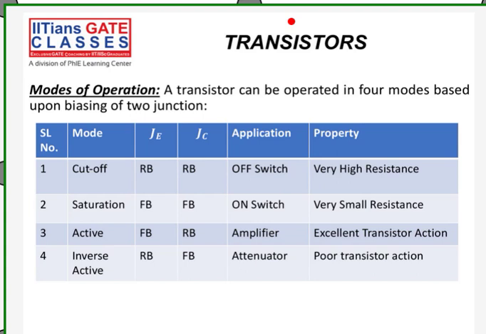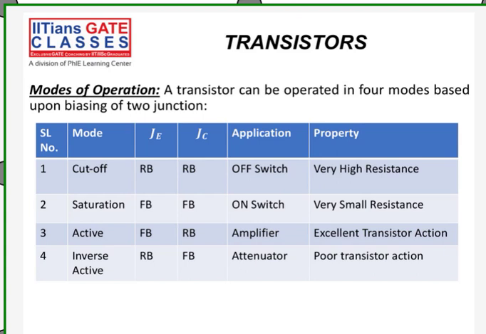Those are the differences. And one more thing, it has three terminals and diode was having only two terminals. A lot of differences you will see in the coming concepts. So the transistor is totally different from diodes.